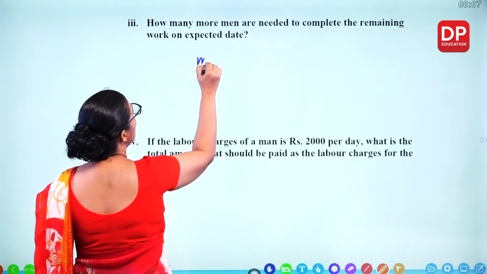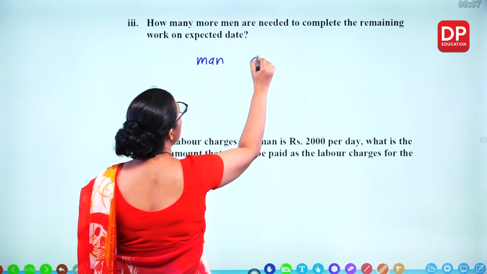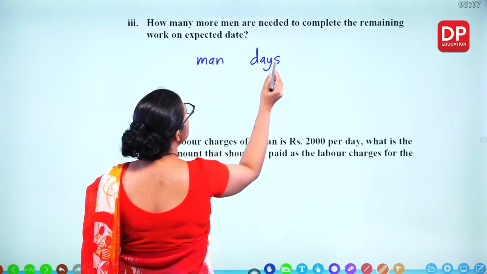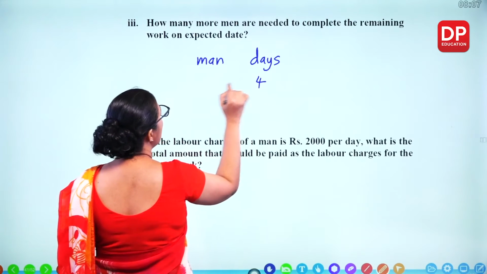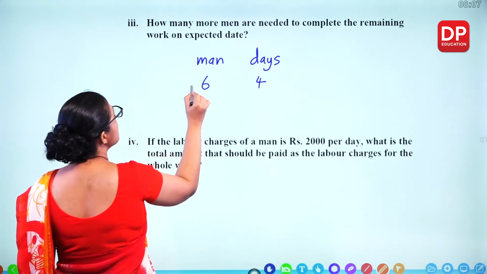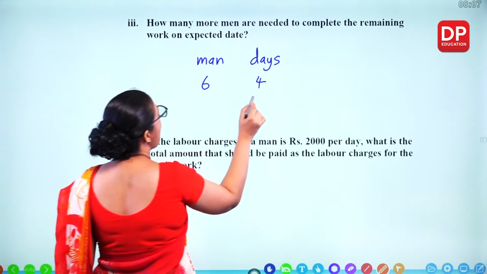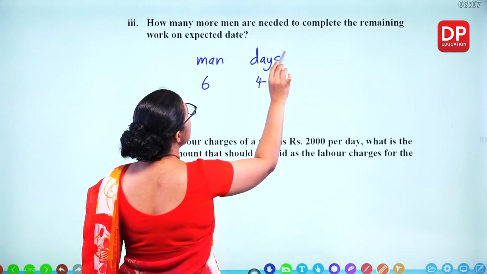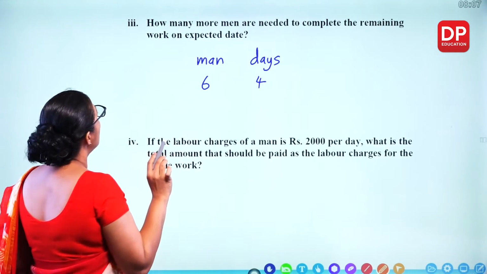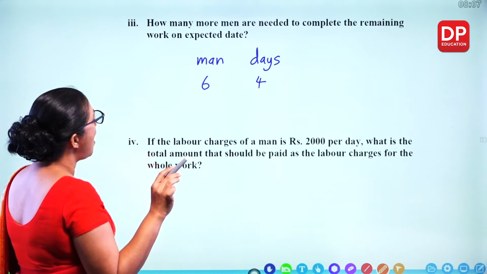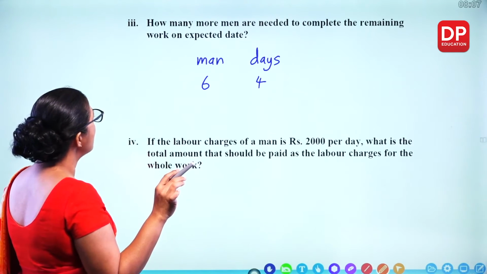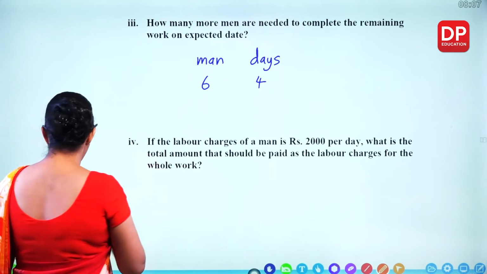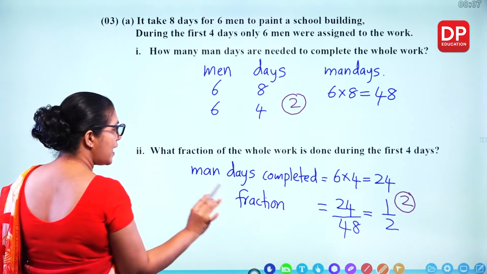Now, can you remember? 24. So 4 days completed with 6 men. And it says how many more men are needed to complete the remaining work on the expected date. So it says the first 4 days are completed.